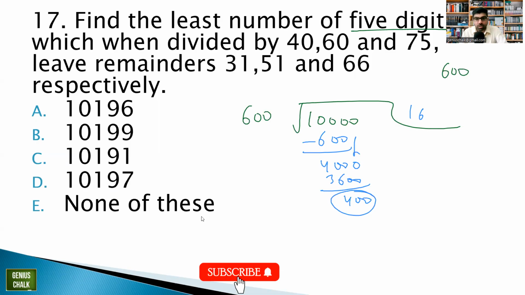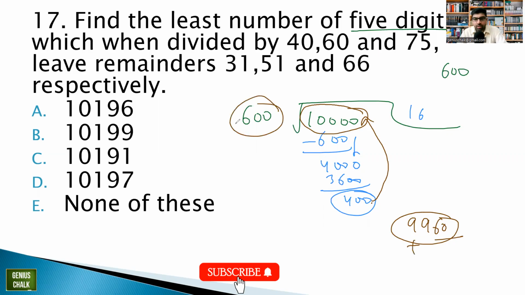Now we have discussed this in number system as well: when we have to find the least number of digits number, if we subtract this 400 directly, it will be 9600, which is not a 5-digit number.